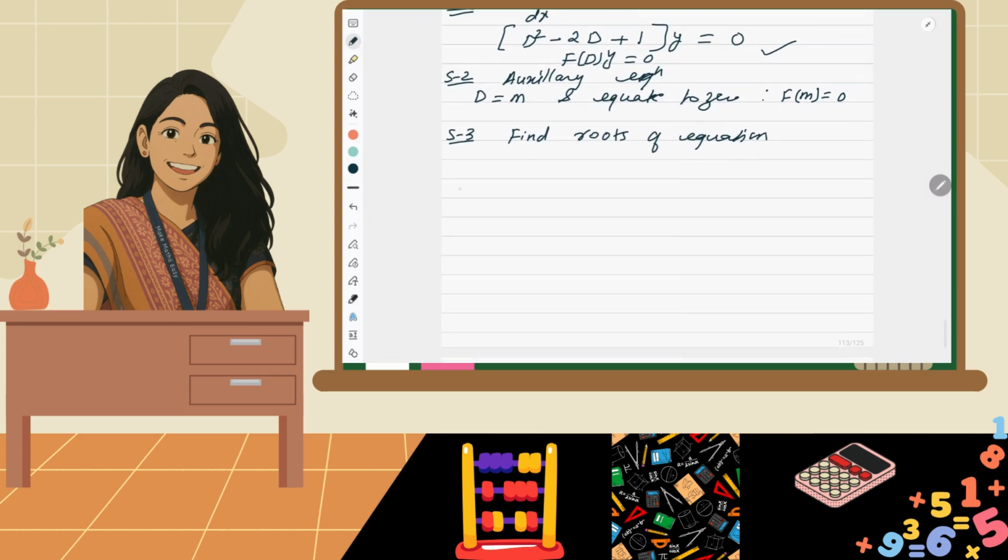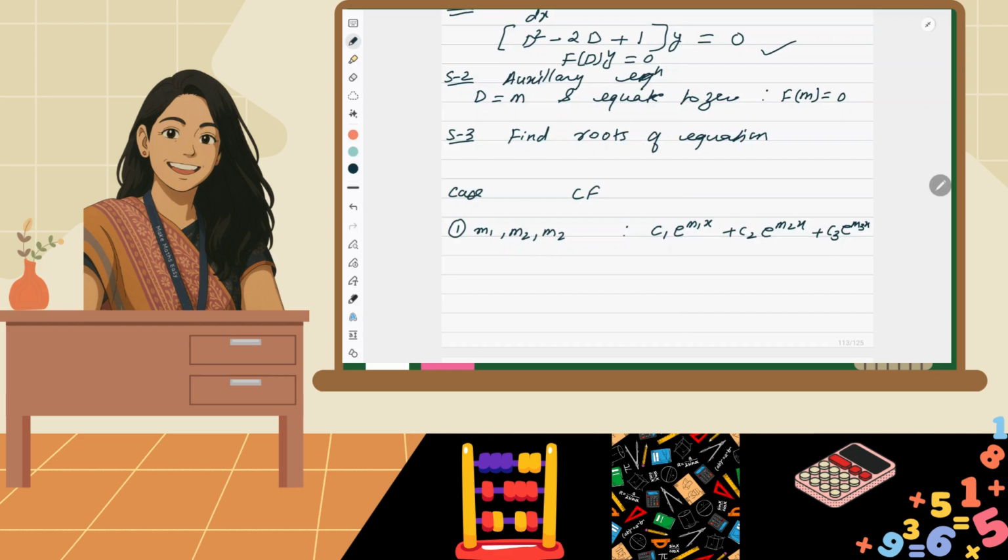So what are the different cases? Let me write here some examples and explain together. Case 1: suppose you have got distinct roots like m1, m2, m3. Your complementary function will be c1 e^(m1 x) plus c2 e^(m2 x) plus c3 e^(m3 x).